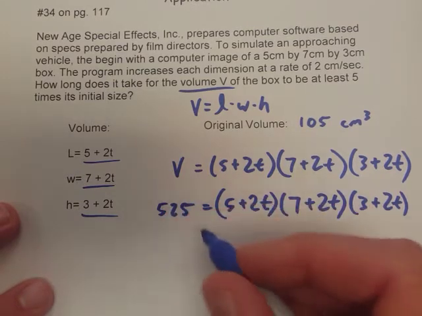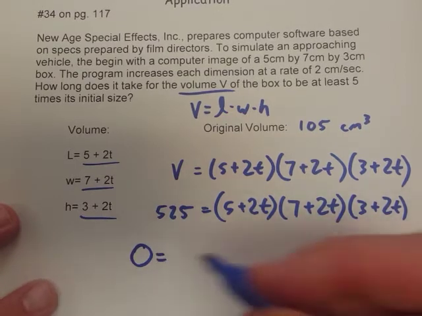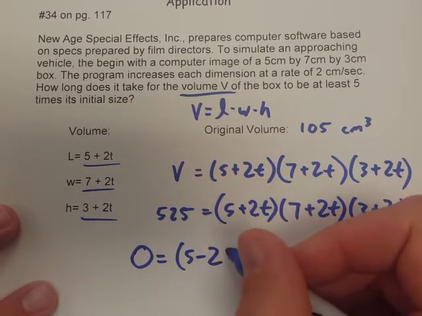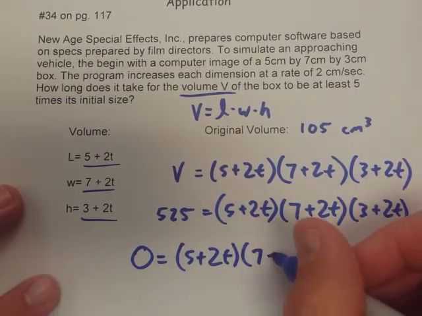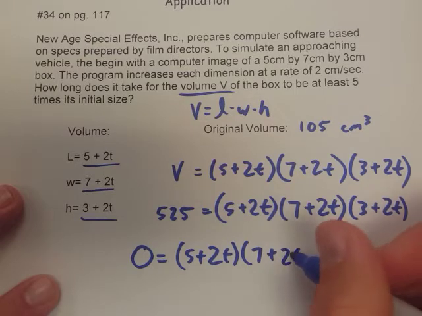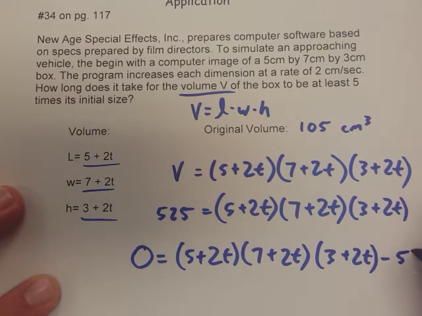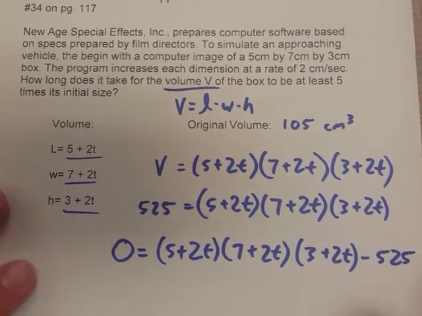So I'm going to subtract 525 from the other side and say 0 equals, again, all of this stuff, minus the 525.